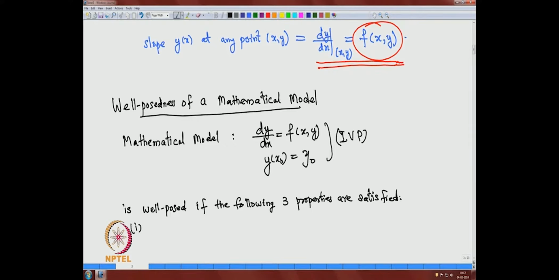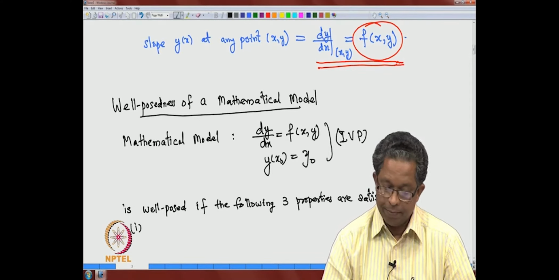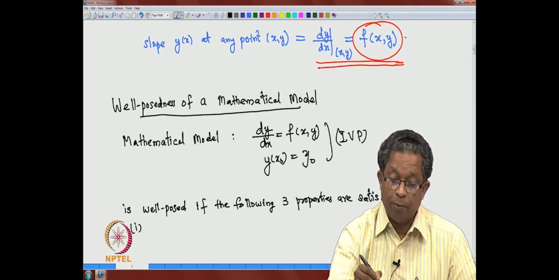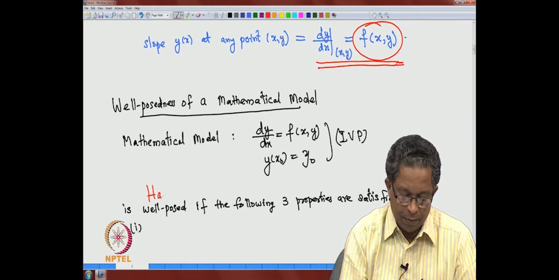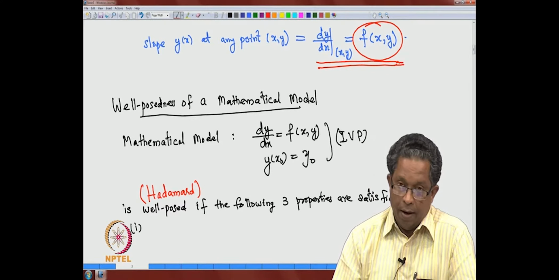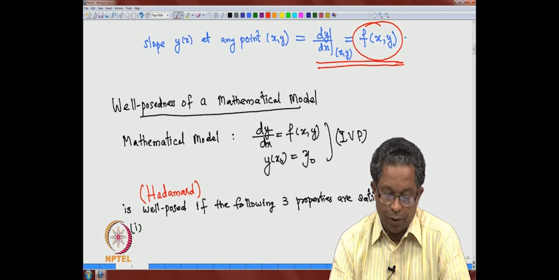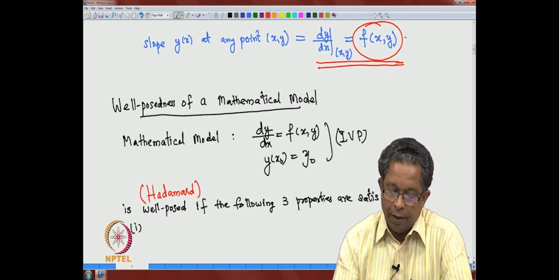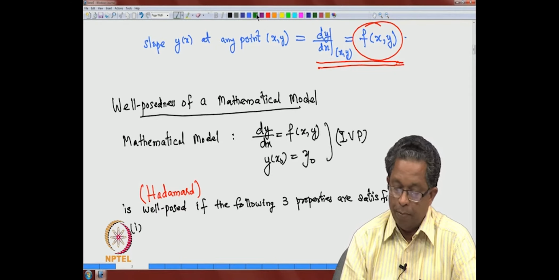This well-posedness was raised by the famous French mathematician J. Hadamard. The well-posedness problem was introduced by Hadamard, and Hadamard raised the issue that given a mathematical model, if the model satisfies the following three properties, then the model is well-posed.